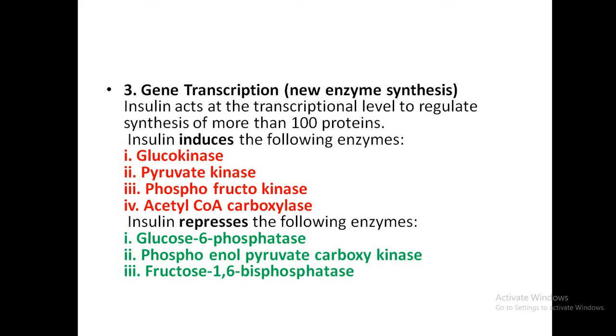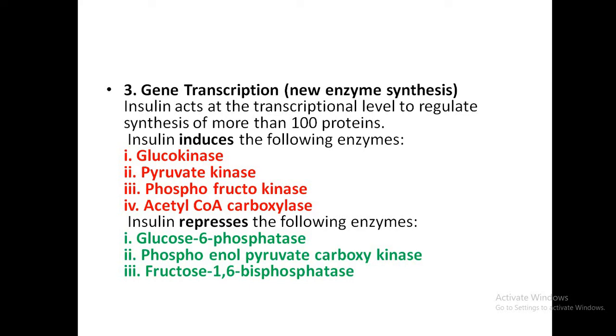Insulin acts at the transcription level also to regulate synthesis of more than 100 proteins. The clinical significance is that it induces the following enzymes: glucokinase, pyruvate kinase, phosphofructokinase, and acetyl coenzyme A carboxylase, those which are involved in glycogenesis and lipogenesis.